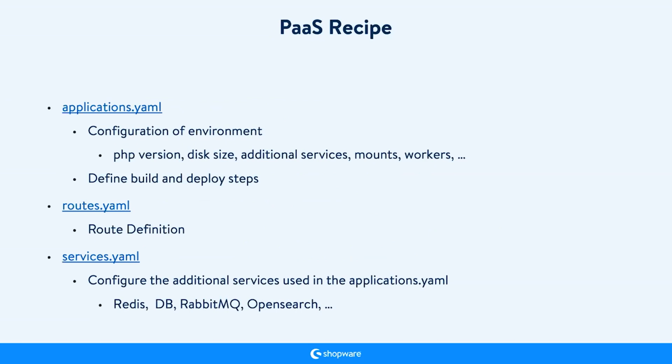For the Platform.sh or PaaS recipe, like I said, we have the application YAML. It's the configuration of the environment. As was already said, it has PHP version, disk size, additional services, mounts, workers, everything defined in there, which later on will then be used for your working environment. And you can also define build and deploy steps, also a post-deploy step, to then do the stuff you need.